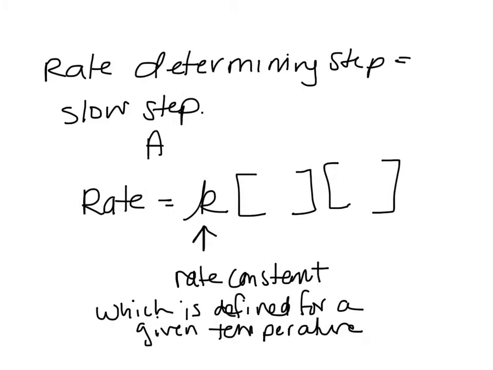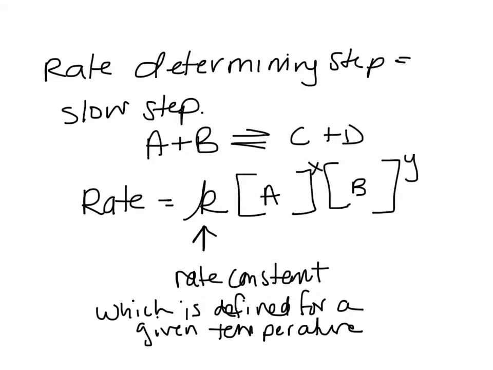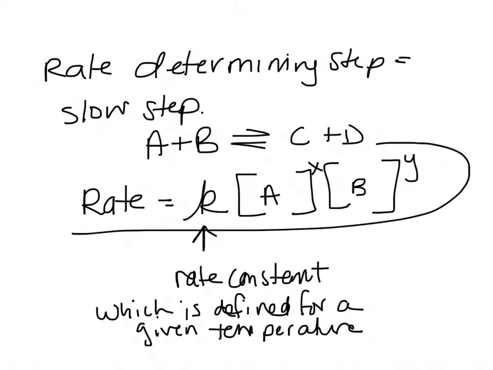So let's just say we have A plus B goes to C plus D. And you would raise A or B to an exponent. And so this would define the rate of a reaction.